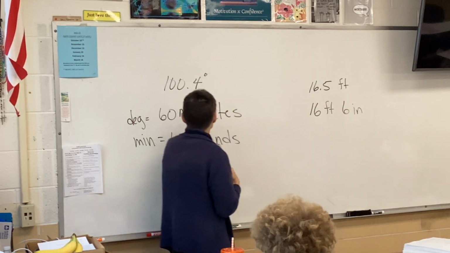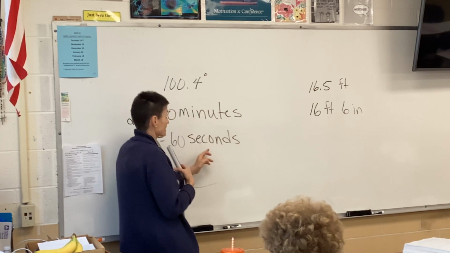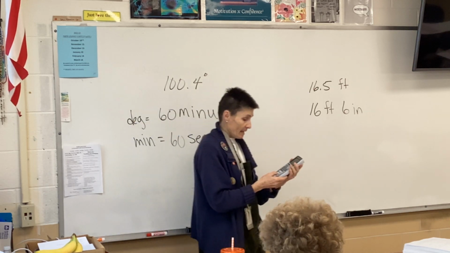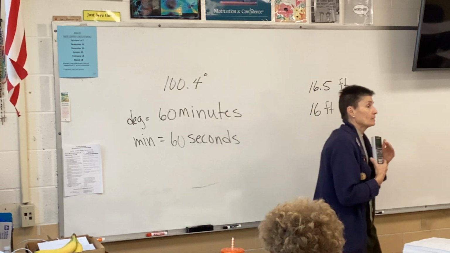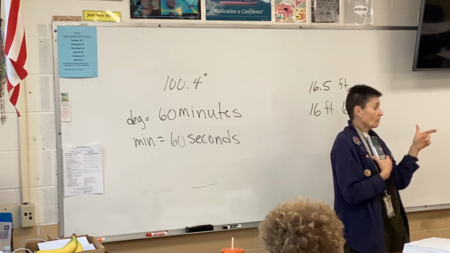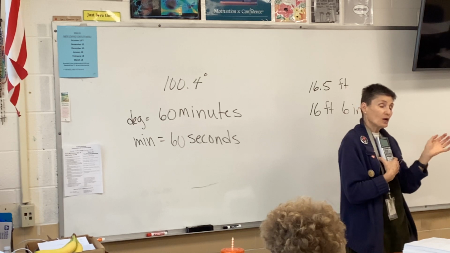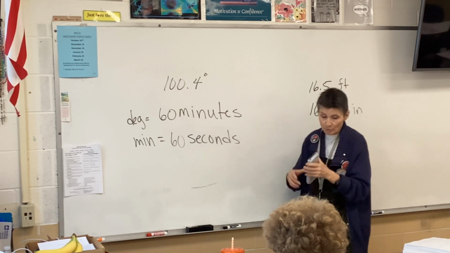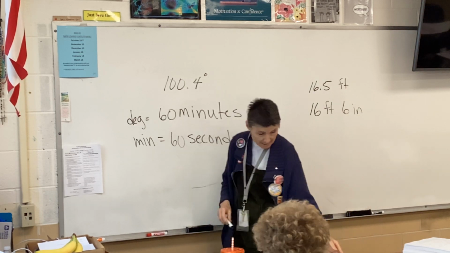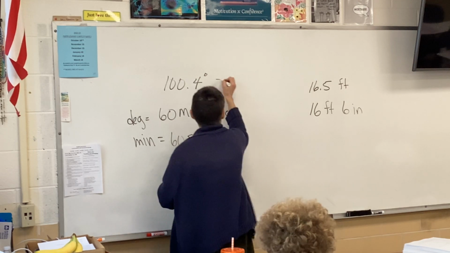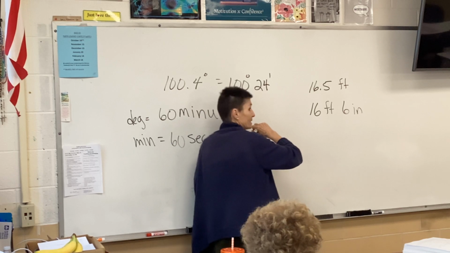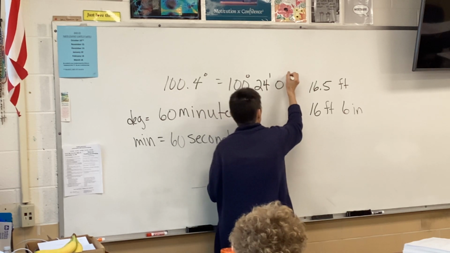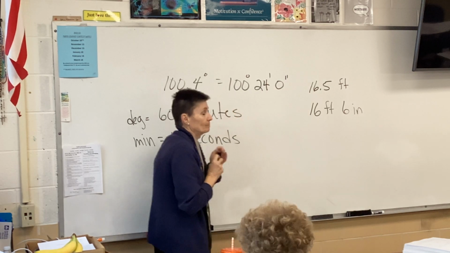That is degrees, minutes, seconds. And press enter. And then press enter again. So the calculator just changed 100.4 into 100 degrees, 24 minutes, and 0 seconds.